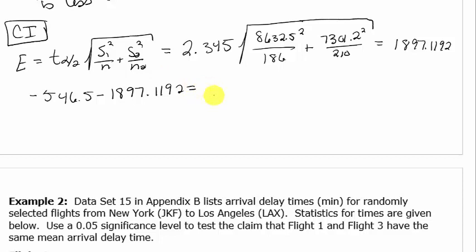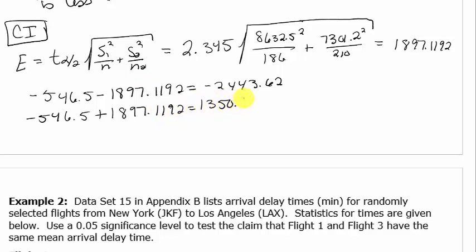When we do that, you should get negative 2,443.62. And then also add the 1,897. And there you should get 1,350.62. So our confidence interval is negative 2,443.62 and 1,350.62.